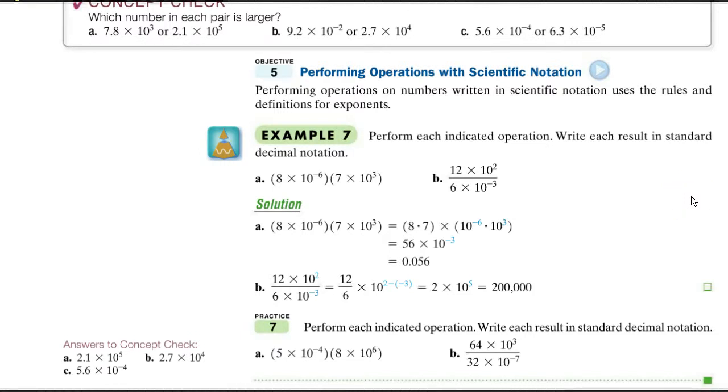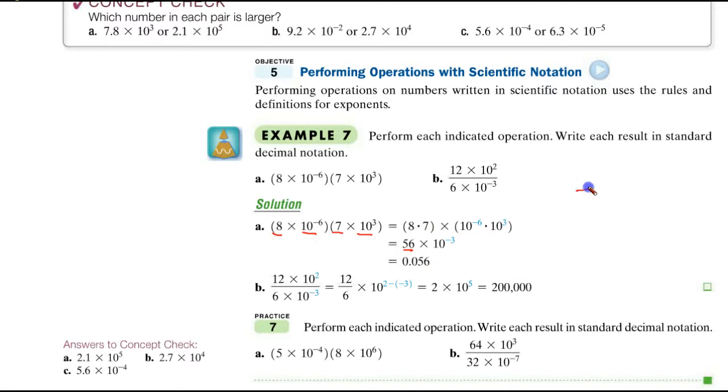Now for example 7, what they want us to do is to work on performing either multiplication or division that then later we will put it in standard decimal notation. And the protocol for doing it would be to multiply your 8 and your 7, get 56. Then multiply your exponents here by adding. This gives you a negative 3.